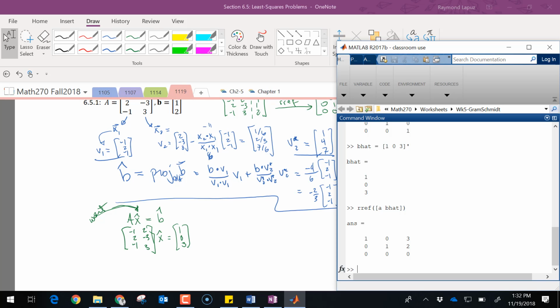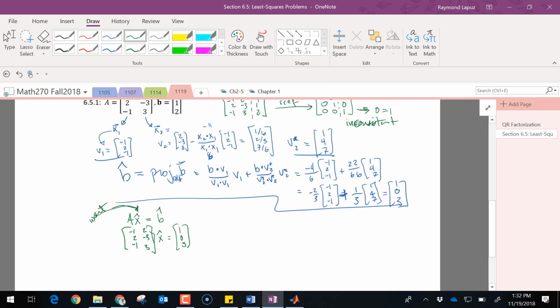So our matrix is -1, 2, 1, 2, -3, 0, -1, 3, 3. If we do our augmented matrix and do the RREF, you get 1, 0, 3, 0, 1, 2, 0, 0, 0. So it looks like our x is going to be two-dimensional. It just says x1 and x2.